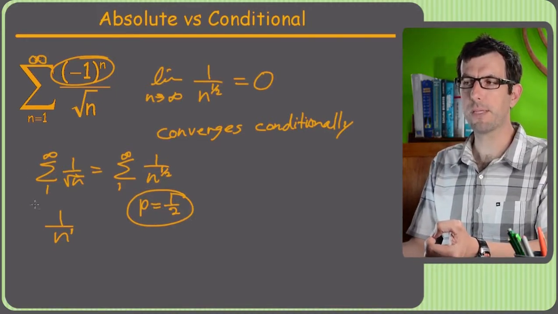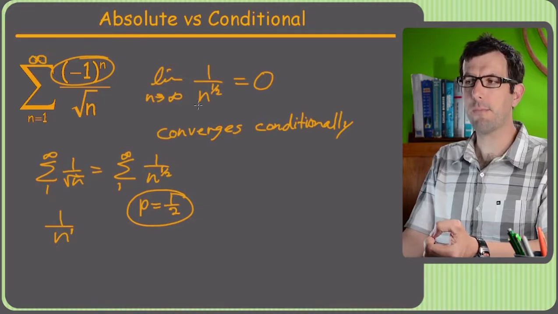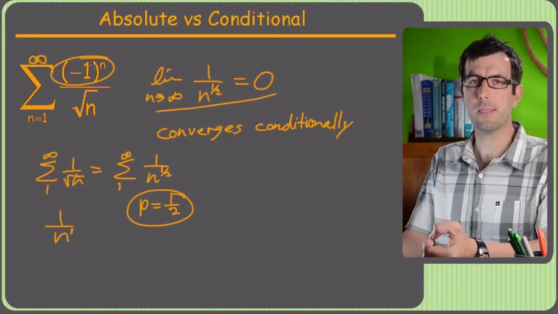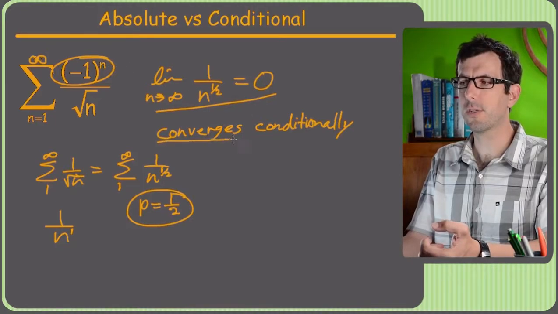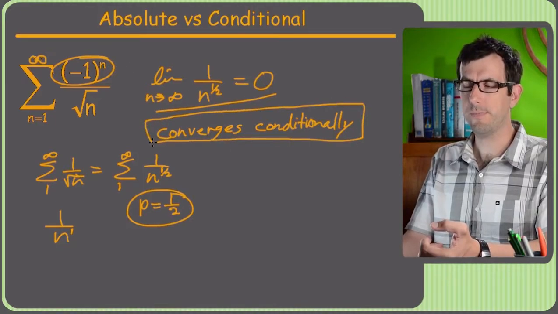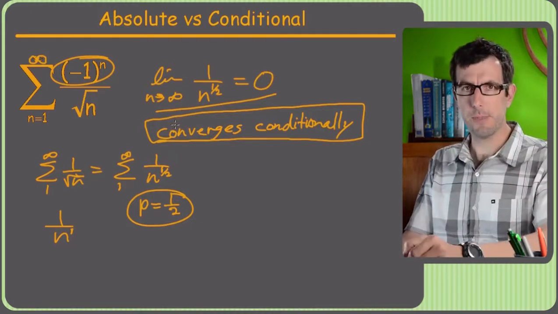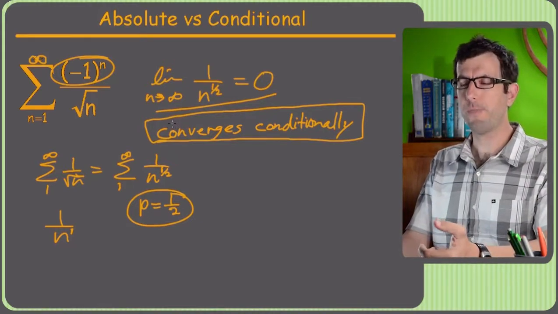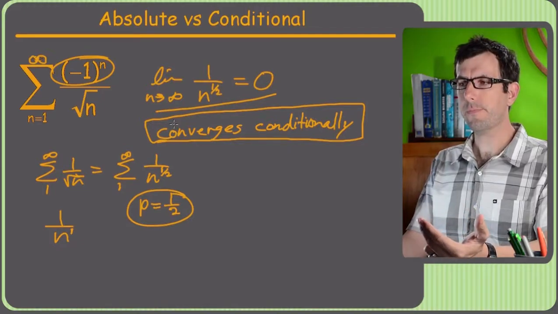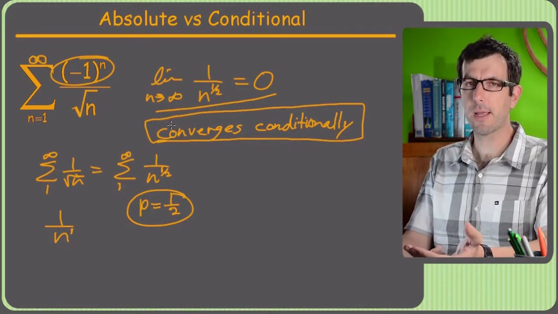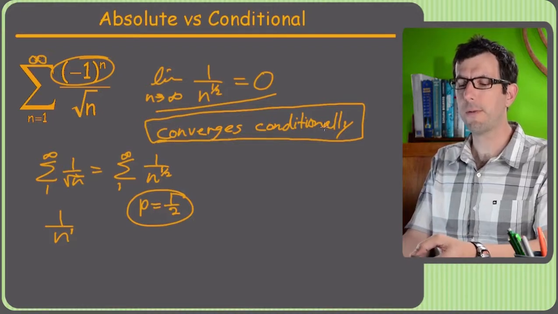That's what we were just doing here with the p-series stuff. We already figured out that because the terms approach 0 and we got a plus-minus, we already know it converges. The only question was, would it converge if we took the absolute value of everything? And the answer to that is no. So that's why it converges conditionally.